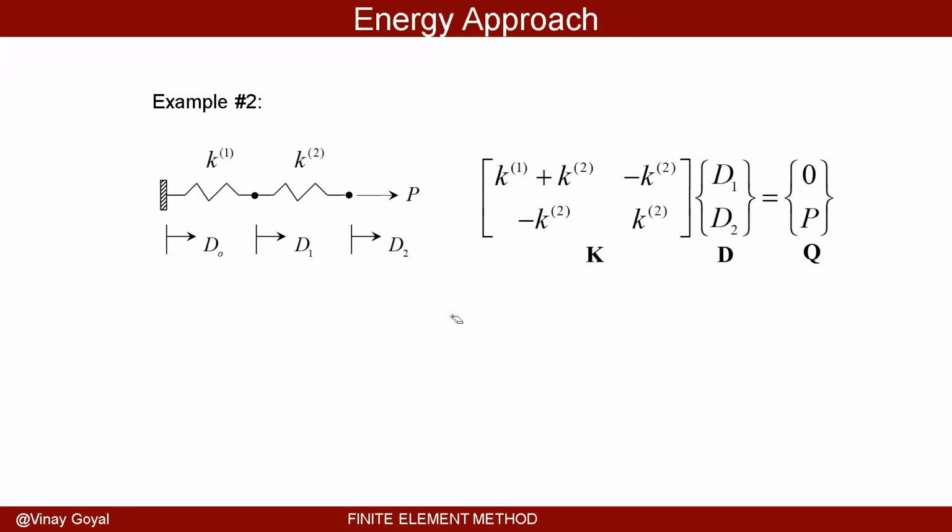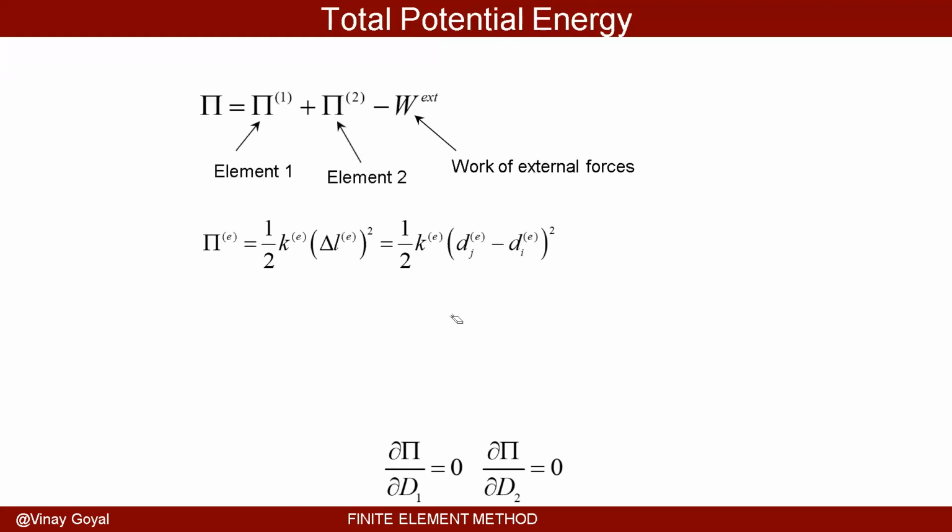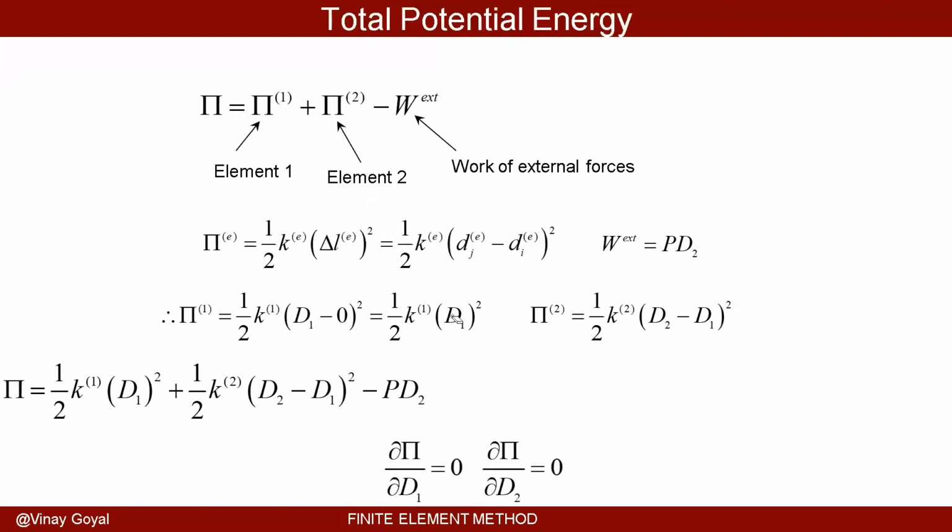For example number 2, let's apply the energy approach. For a general local element E, the energy of that spring is 1/2 k times the elongation squared, generally speaking. So this is a spring, and if the spring constant is k, that's what I get.